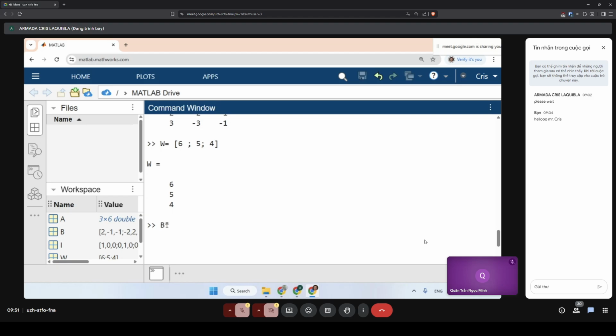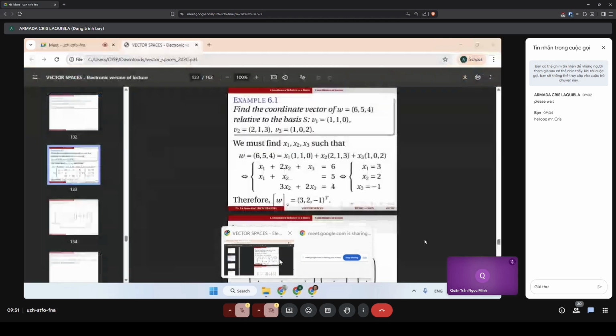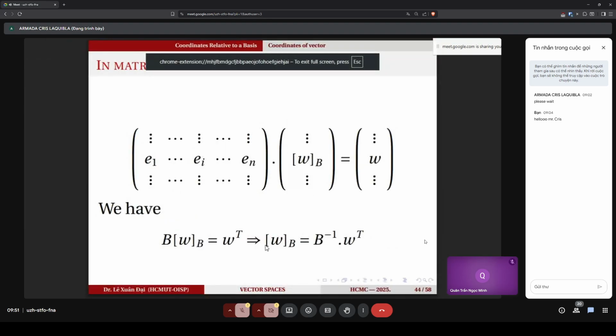And that's it. We multiply this, B inverse times W. We should get, class, the 3, 2, negative 1. And we got that. 3, 2, negative 1. So therefore, you can use this formula also. That's it. You get the B inverse and then multiply the W transpose.